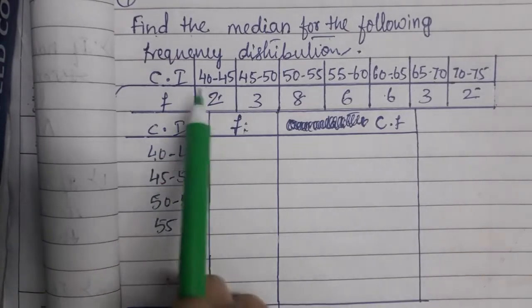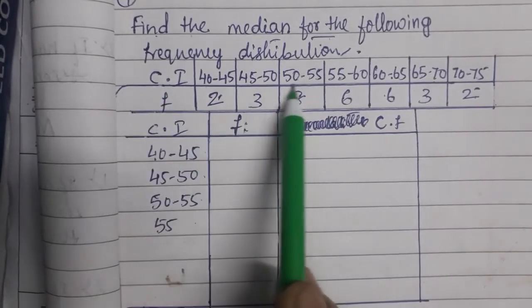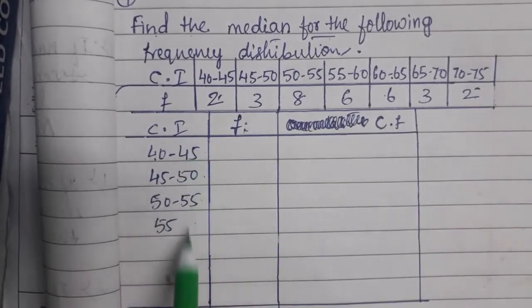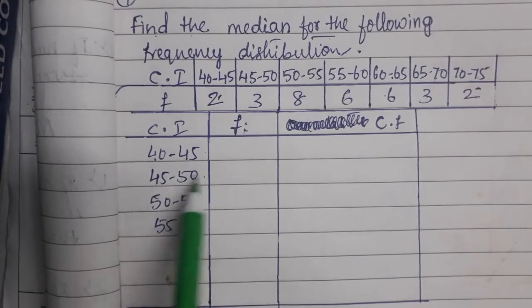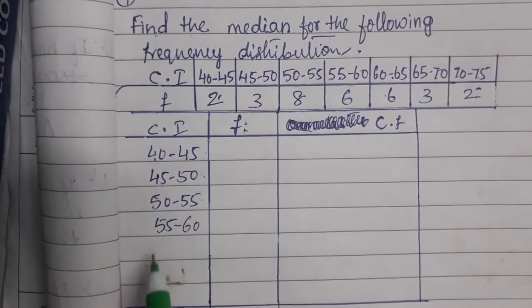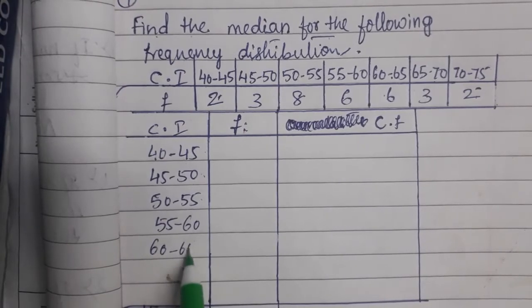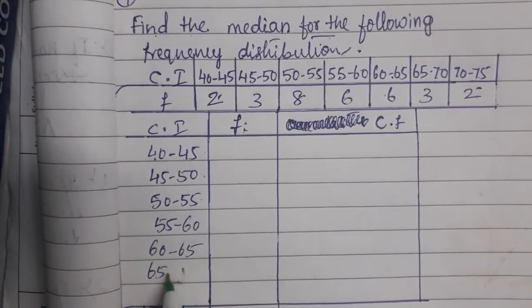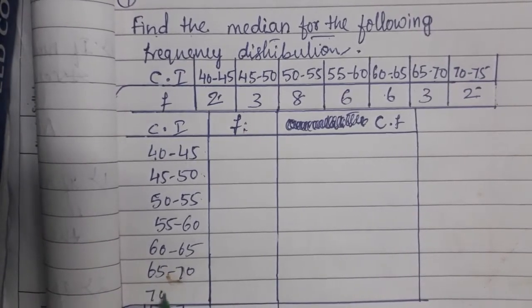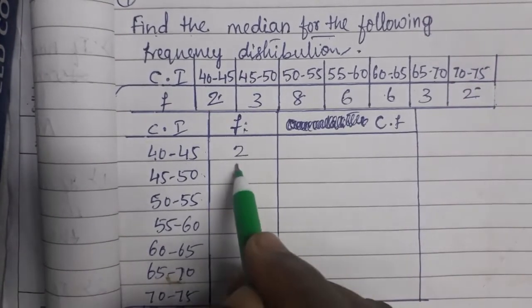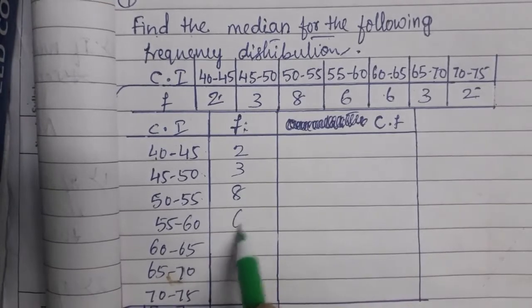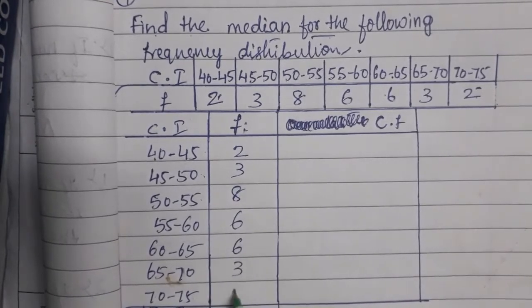You have to record all the numbers in the class interval one below the other in the column called class interval, and then the frequency column.